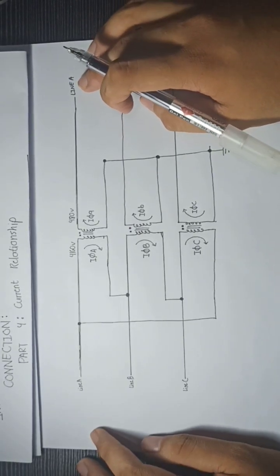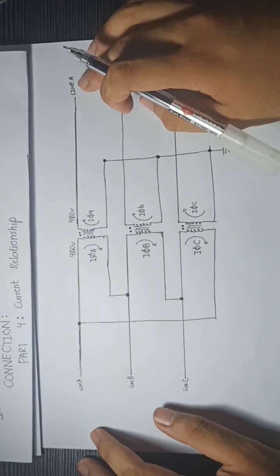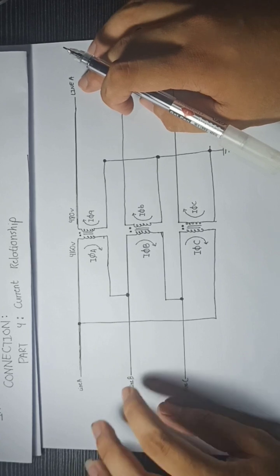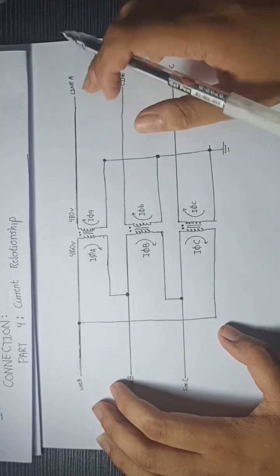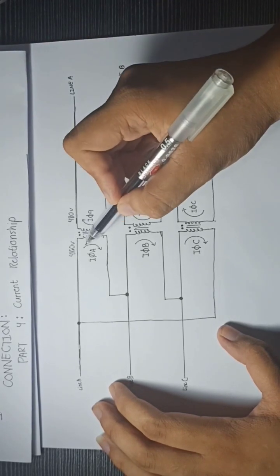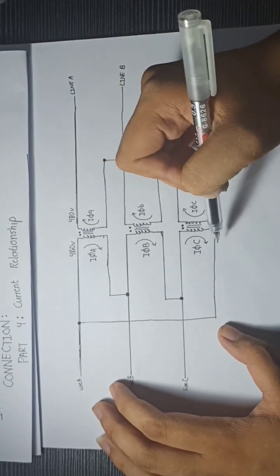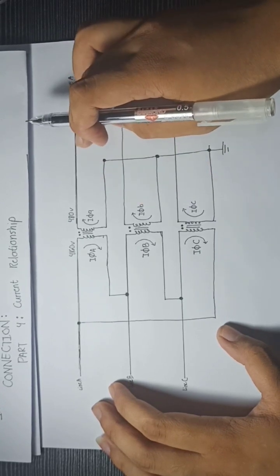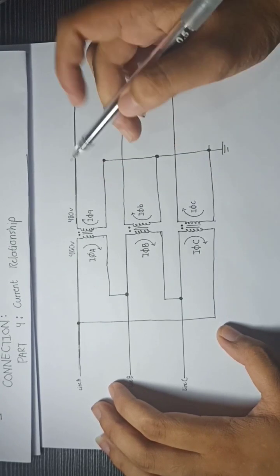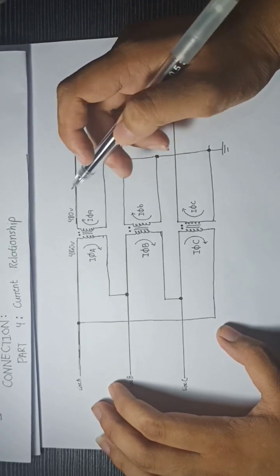So, we understand from Part 3, primary phase A, B, and C currents flow through the polarity side of the primary windings. And the secondary phase A, B, and C currents flow out of the secondary windings.